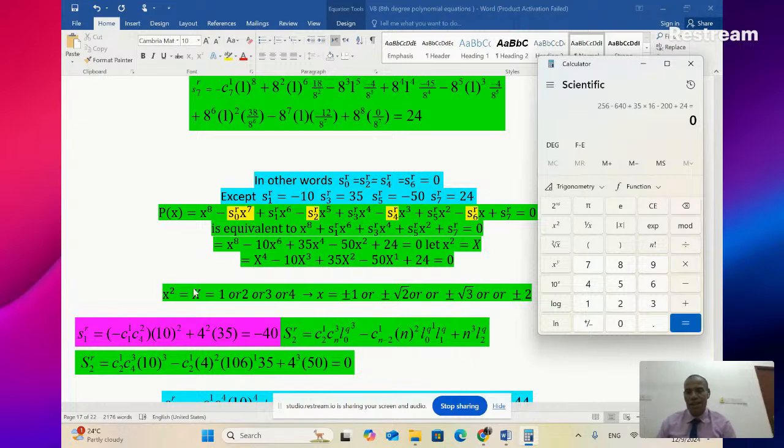Now this one, my kids, is equal to 0. Therefore, when putting x squared equal capital X equal 1, 2, 3, 4, these are the roots of my polynomial to the power 4.